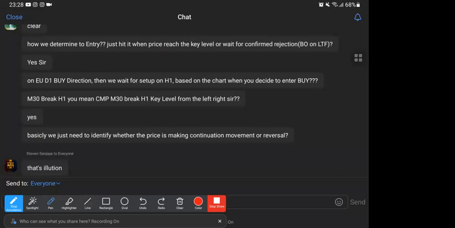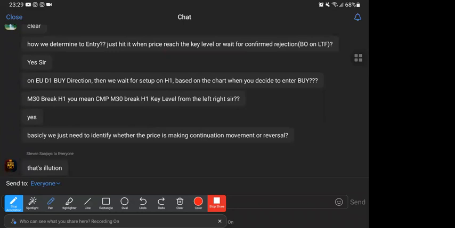But for me, I just identify which is the buying, which is the selling, and then I start trading on both sides. So it doesn't matter if it's comfortable for you to use the continuation or reversal terms, no problem. It's the same thing, but for me, the terms make me attached to something.